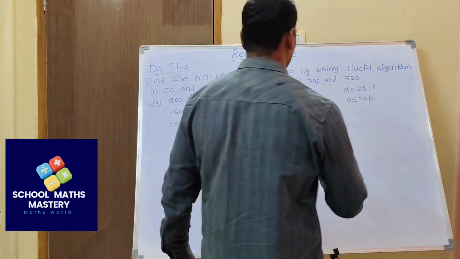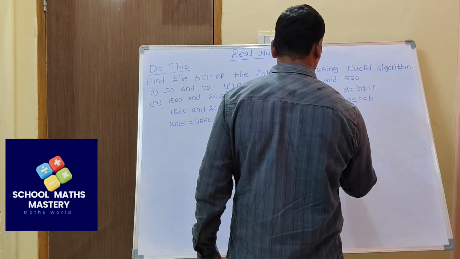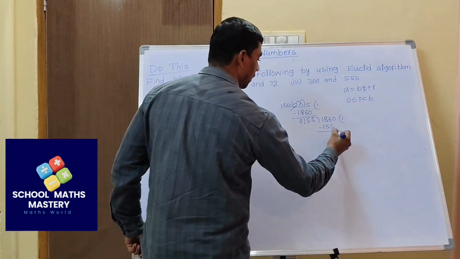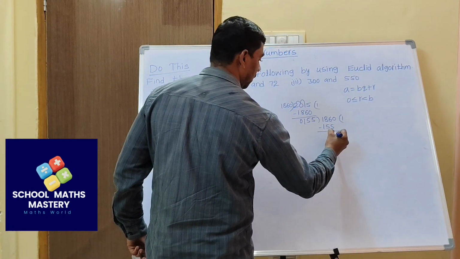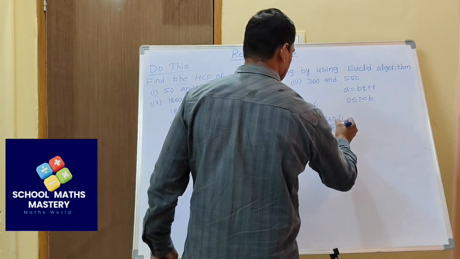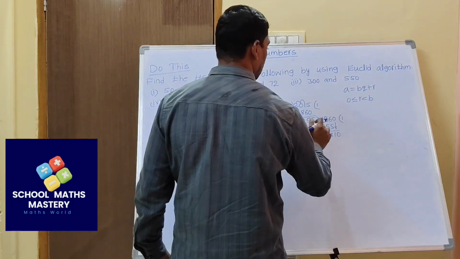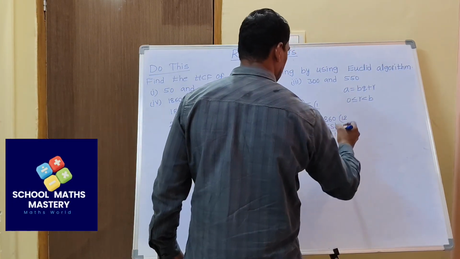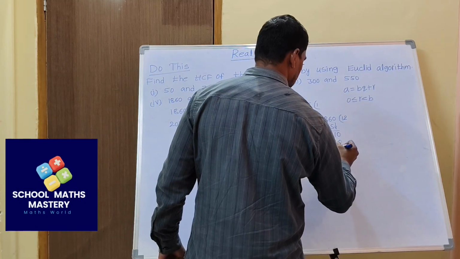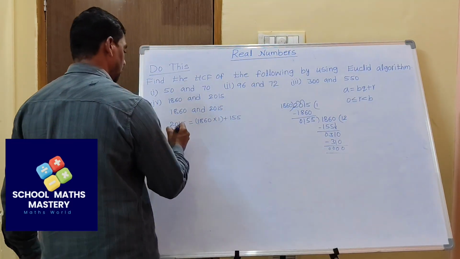Okay, 155 once, 155, minus: 6 minus 5, 1, 8 minus 5, 3, 1 minus 1, 0. Then 0 comes, 155, 310. So 155 2s are 310. So 0, 0, 0, 0. The remainder is 0.